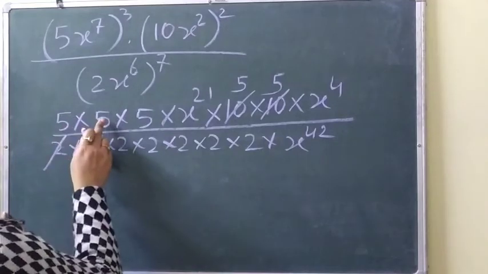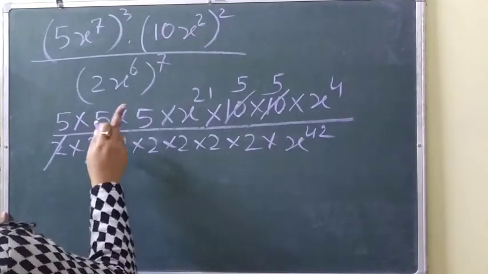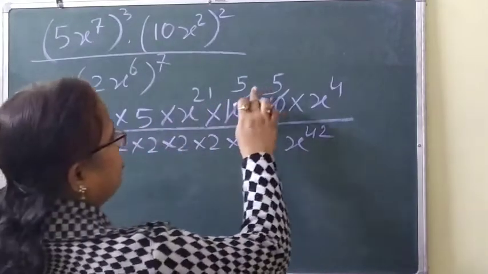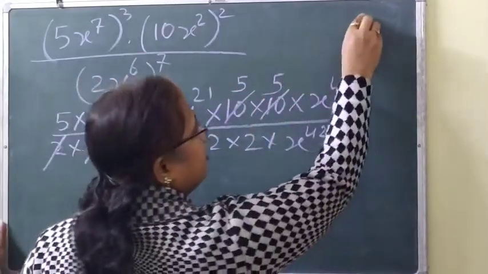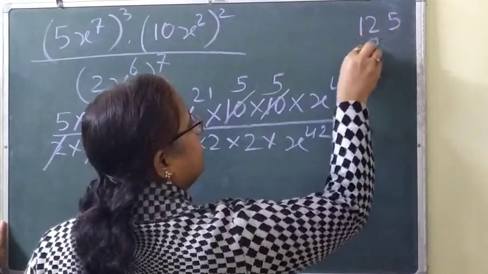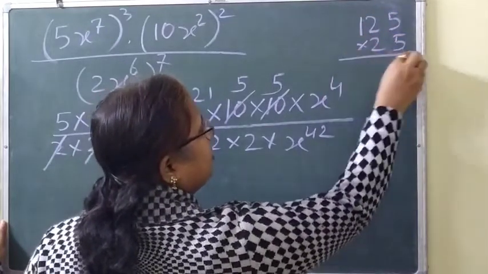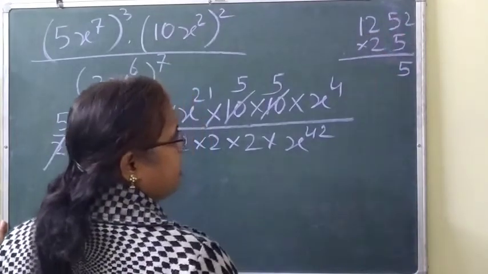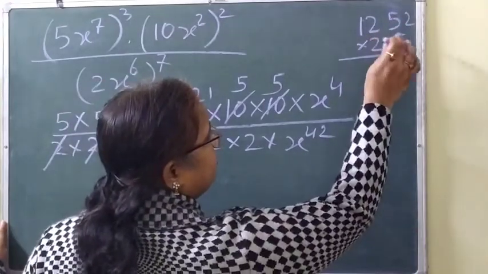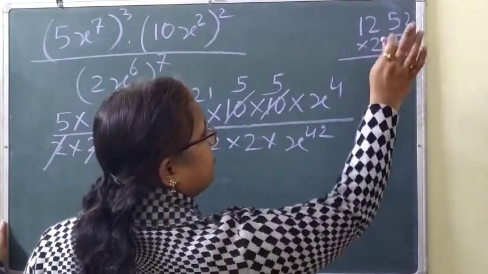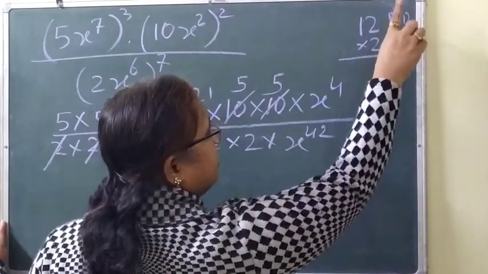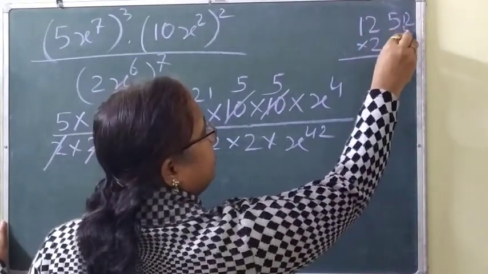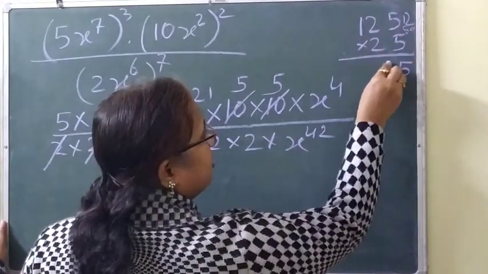5 fives are 25, and 25 into 5 is 125, and 125 into 5, 5 fives are 25. So 125 into 25. 5 fives are 25, 2 fives are 10, or directly we can do 25 fives are 125. So 5 here and 12, and 25 twos are 50, 50 and 12 is 62.